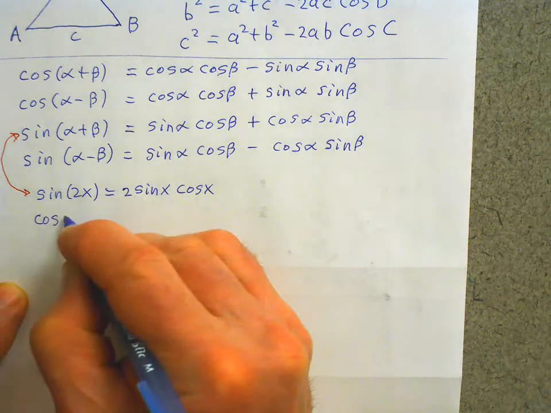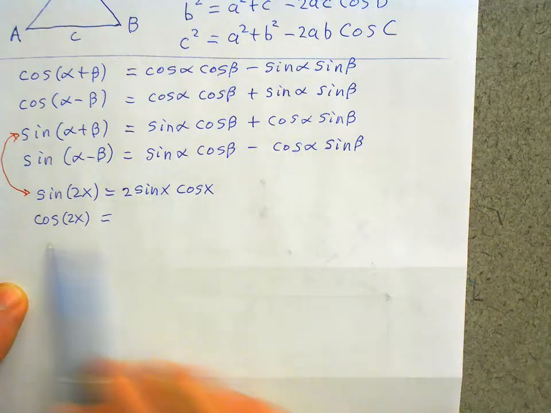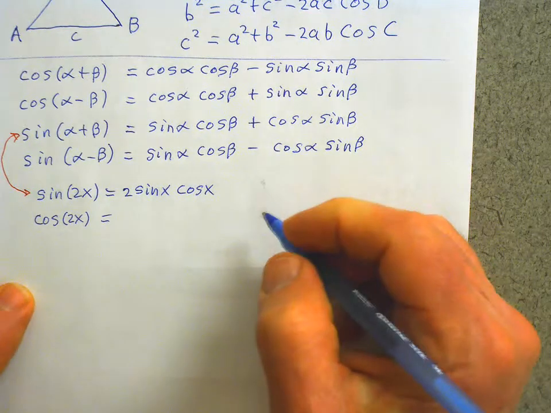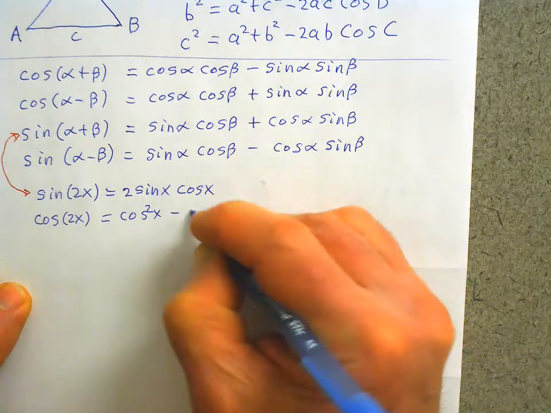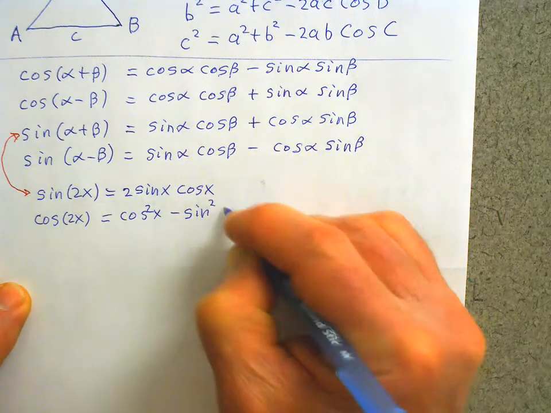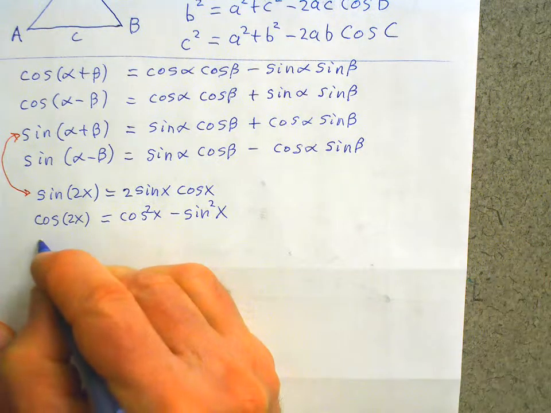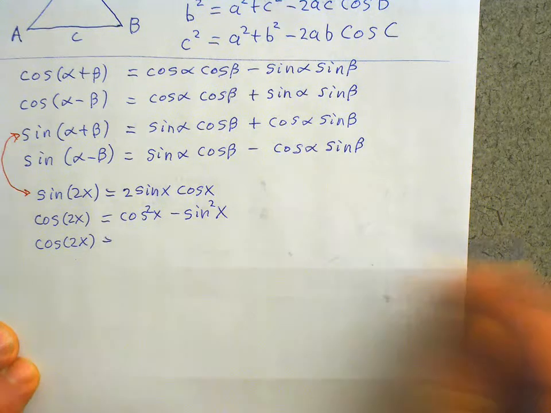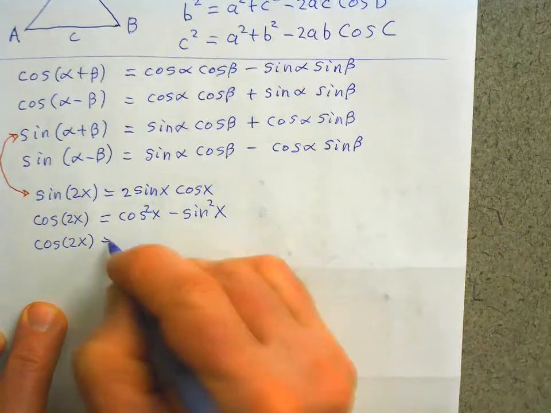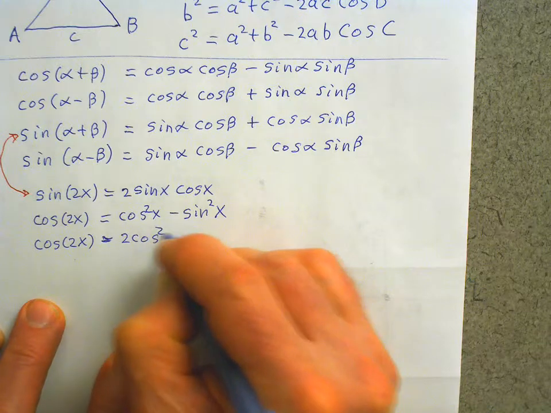Cosine of 2x. This one has 3 versions. One version is cosine squared x minus sine squared x. And what are the other 2? Well, the second one is 2 times cosine squared x minus 1.